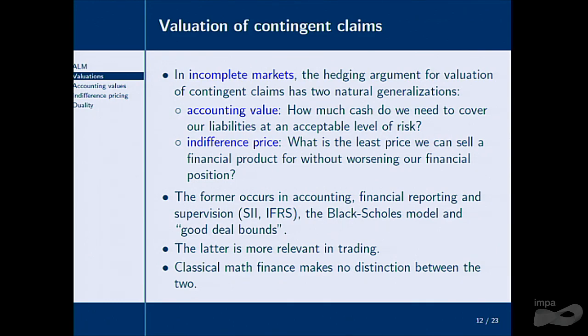And unfortunately, I haven't found a single text in financial maths where they make this distinction, that there are two practically relevant notions of a price or a value which have very different meanings and different interpretations, and the values can be very, very different.